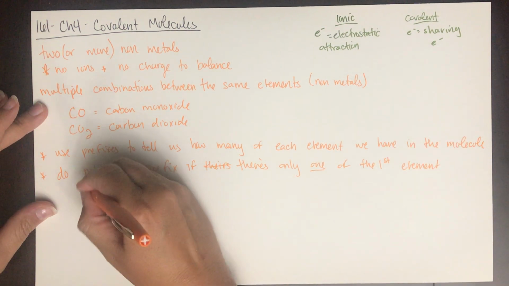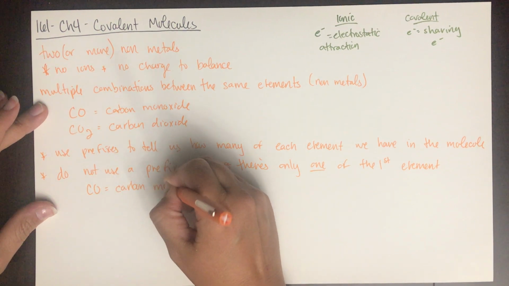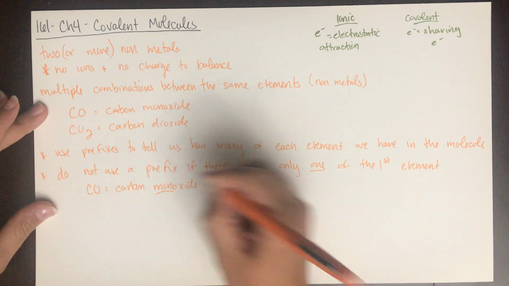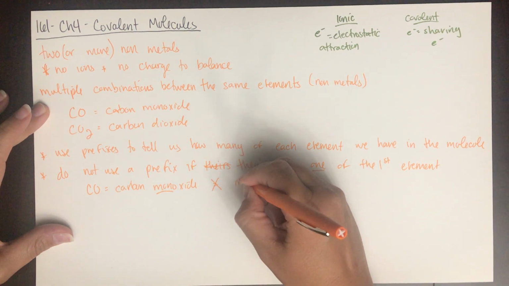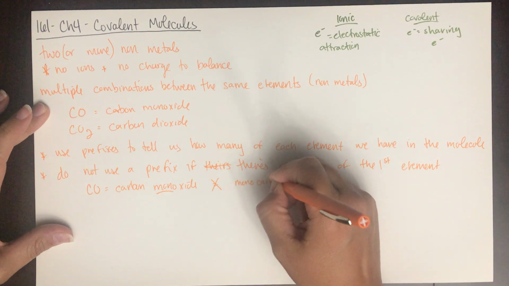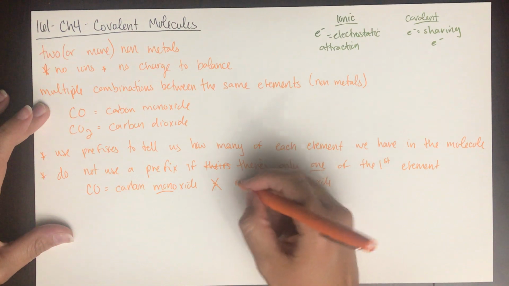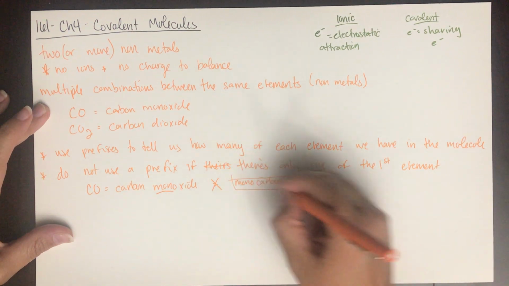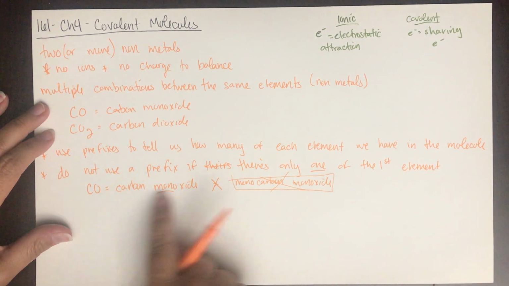For example, CO is carbon monoxide. Mono means one. It is not monocarbon monoxide. This is wrong, because if there's one, it's assumed that there's just one.